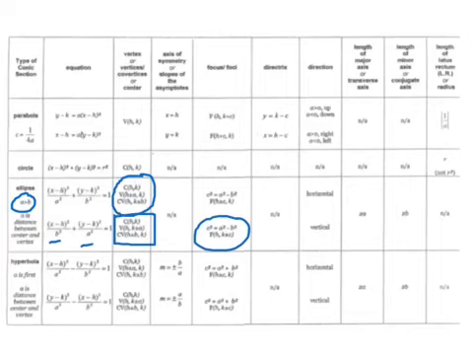The difference is, this one here will be a horizontal ellipse, and this one here will be a vertical ellipse. And therefore, the focus will always be in the direction of the major axis.